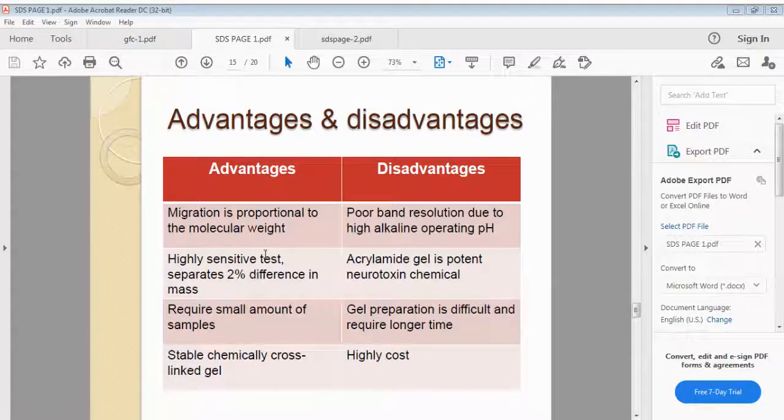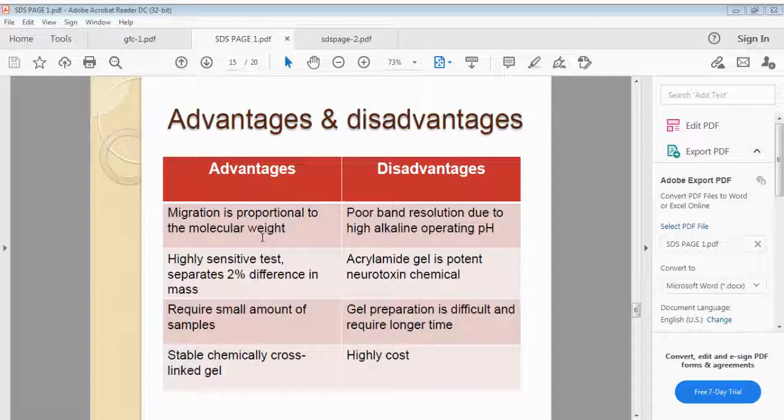Okay, but when the same thing is allowed to flow in a liquid medium, just like electrolysis, when the gel is not used, only liquid is used, the different proteins are separated based upon the charges.